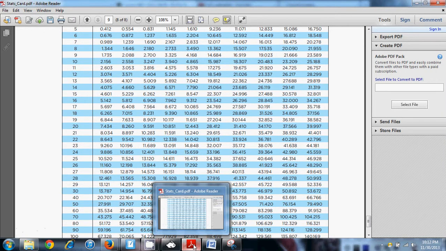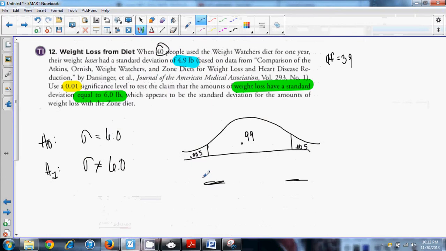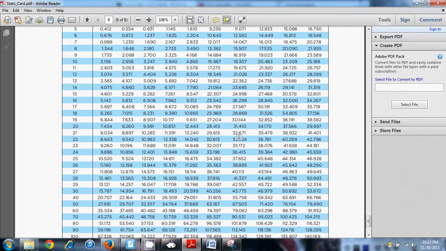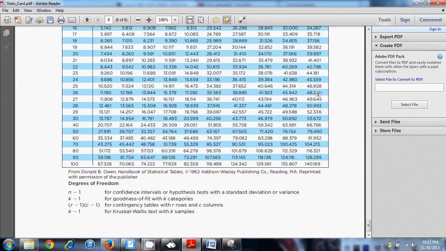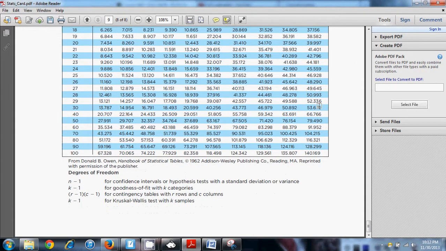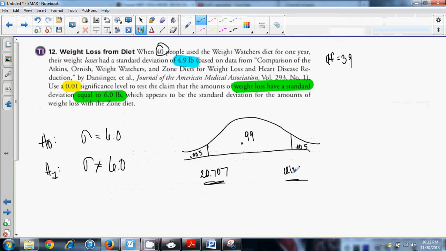That's 20.707. And then this guy over here is just going to be 0.005, which is the very last column. And again, we'll use 40 since we don't have a 39. That's 66.766. And so now we got to crunch the test stat and see where we fall.